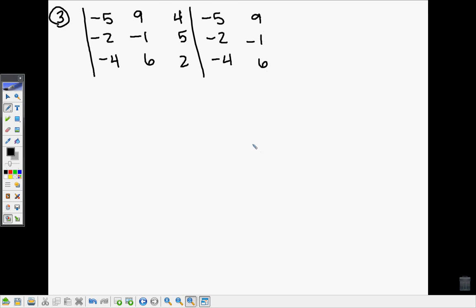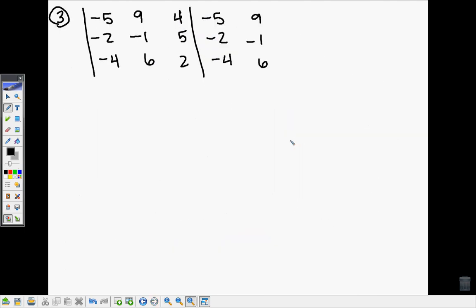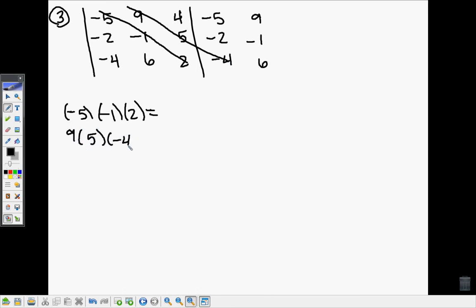So we're going to do our diagonal thing again. If you go back to the rules, always do it the same way. Do the upper left side first. So, that's the first diagonal you can draw. Negative 5 times negative 1 times 2. And get your answer. I'll come back to it. Second diagonal is right here. So that's going to be 9 times 5 times negative 4.